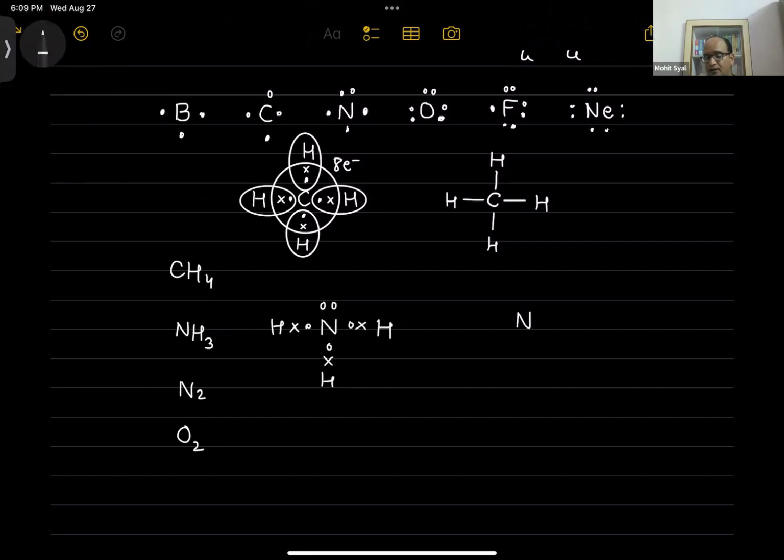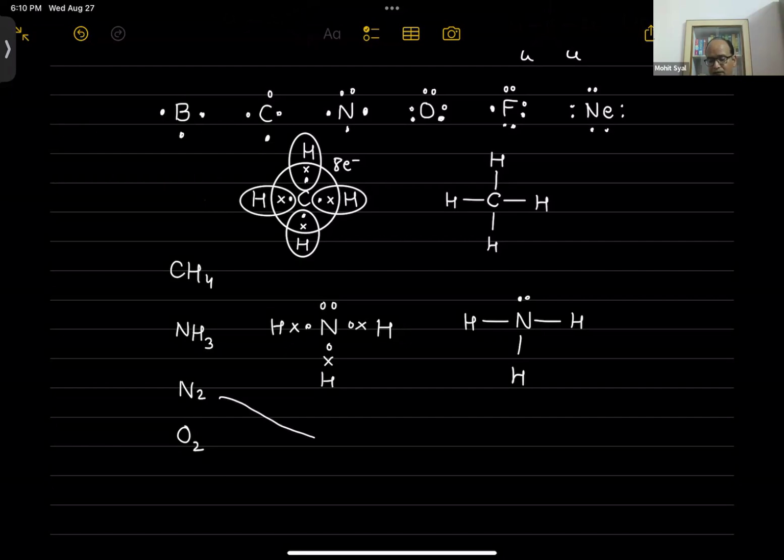It is written like this, and you can see that nitrogen has attained its octet. It has not shared all its electrons, because it was already having 5 electrons, just 3 short of the octet, so it shared 3 of its electrons to complete its octet.